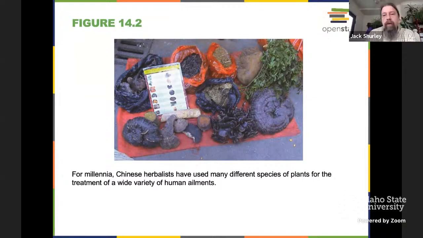You might see other possibilities for millennia. Herbalists in China have used different types of plants for treating all sorts of different ailments, and some of which definitely harbor some antimicrobial properties. I have seen some stuff talking about ancient practices for different types of infections, and some of which had been recorded, obviously.